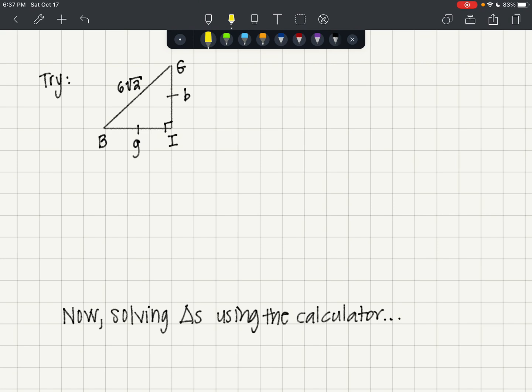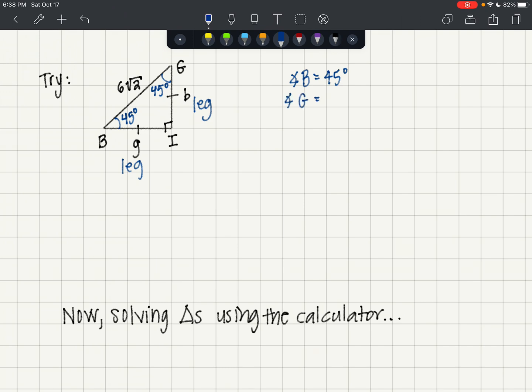Okay, welcome back. Hopefully you gave this triangle a try. Because the 2 legs are equal to each other, that means the 2 angles across from them are going to be equal. That's the definition of an isosceles triangle. So we have 45 degrees, 45 degrees. So angle B is equal to 45 degrees.